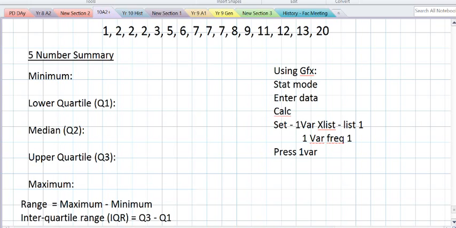Sorry, I can't make it bigger. Yeah, we'll go through that in a second. Copy it down.